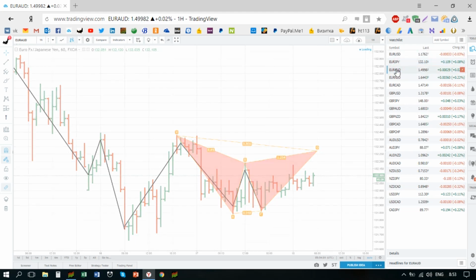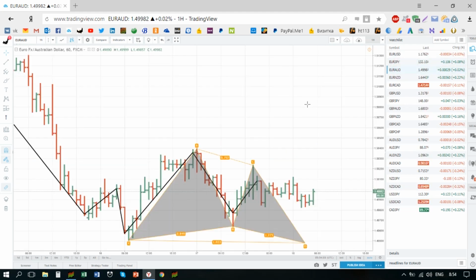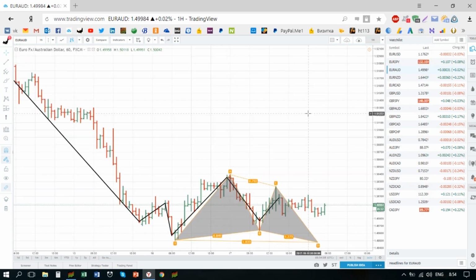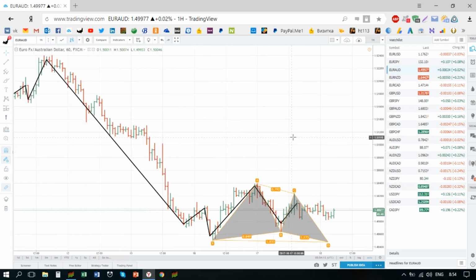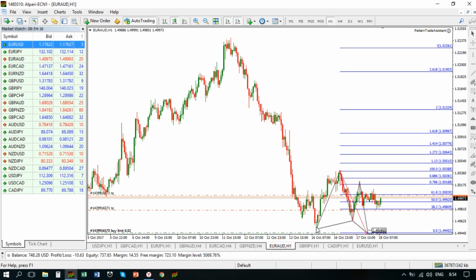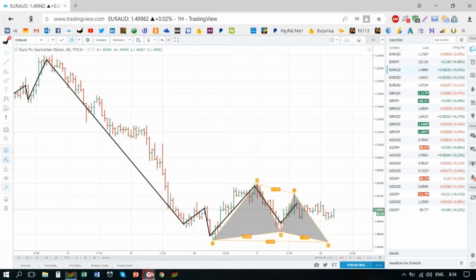So that's why they are called advanced patterns. I set the trades in advance and I don't care what happens next. Euro Aussie butterfly formation also awaiting for me. Euro Aussie, if I have that. Yes, the butterfly formation, drawn with manual HPS, is awaiting.